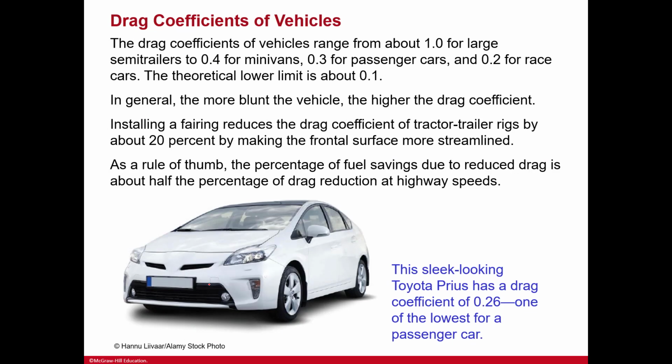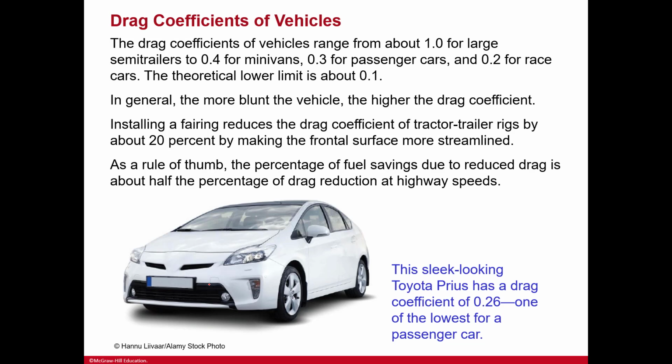Drag coefficient of vehicles: if you have looked over the history of vehicles, they are becoming much more sleek. Particularly, I have noticed this in electric vehicles, where the whole goal of an electric vehicle is to become more efficient and to be able to get the most out of the electricity that you use.